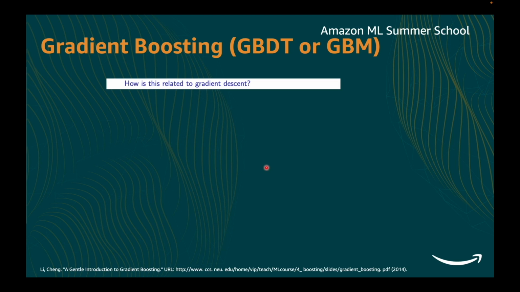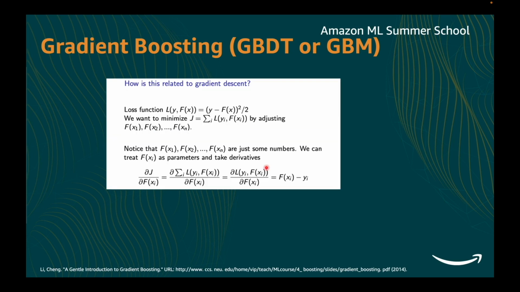So now let's discuss how this works and why it's related to gradient descent, and why the gradient part comes in this boosting procedure. Like we said, we had the loss function, which is just over here, the squared loss, right? You're dividing it by 2, and this is a very okay thing to do. You can always scale your losses by any value.